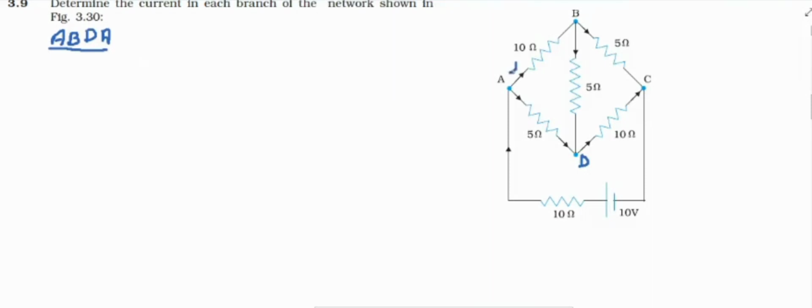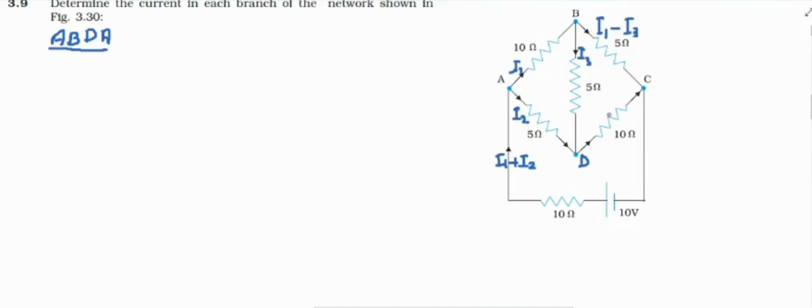First this current I am going to mark as I1, here current I2, so that the current in this branch is I1 plus I2. Then the current in the middle branch we take as I3, so that the current along BC becomes I1 minus I3.